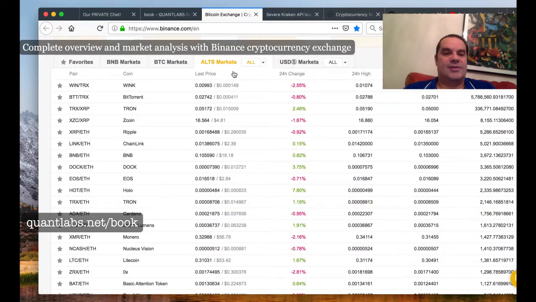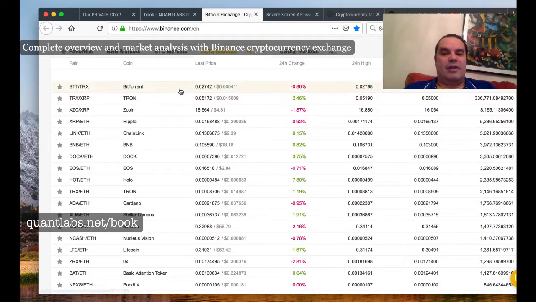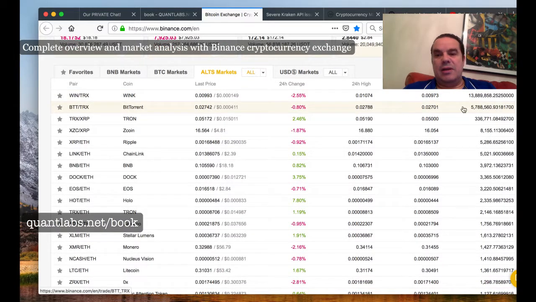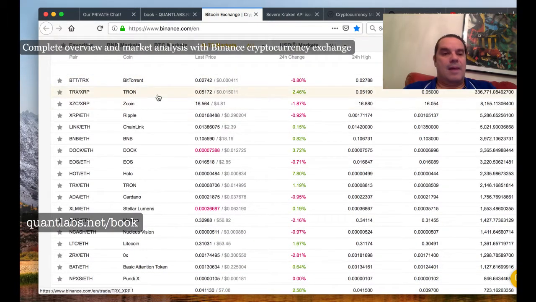By volume, you have Wink against Tron at 13 million, BitTorrent at 5 million, and then the next one, I believe, is Zcoin against Ripple, which is pretty insignificant.